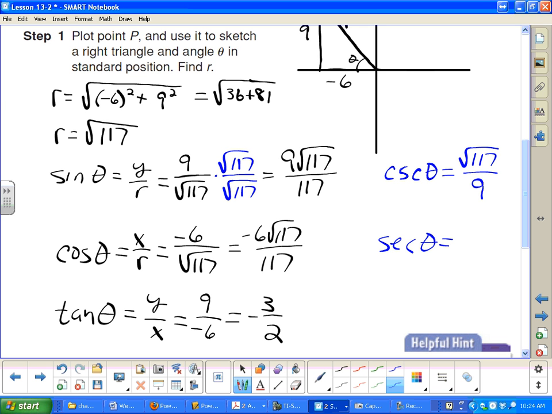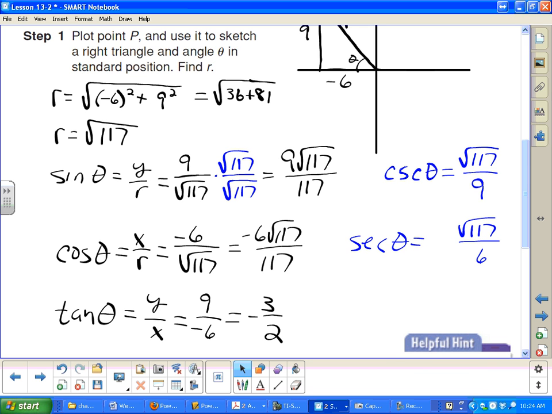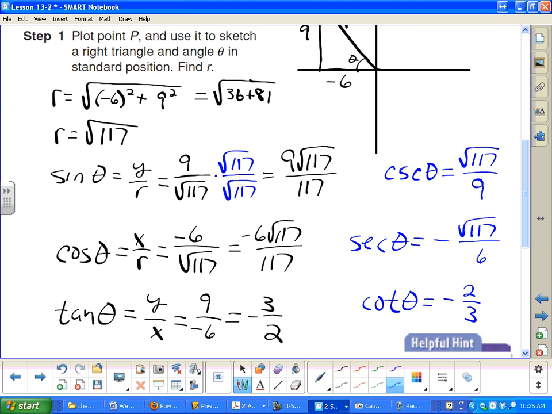Go back to the simplest one, square root of 117 over 6, and that is negative. So make sure you put your negative sign in there. And then cotangent, reciprocal of tangent. Simplified version is negative 3 halves, so that would be negative 2 thirds.